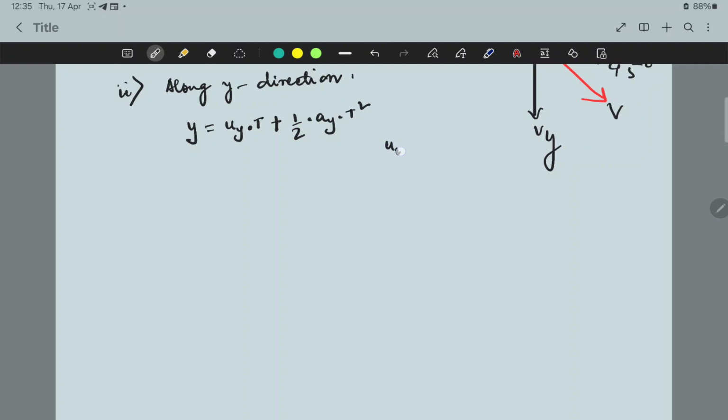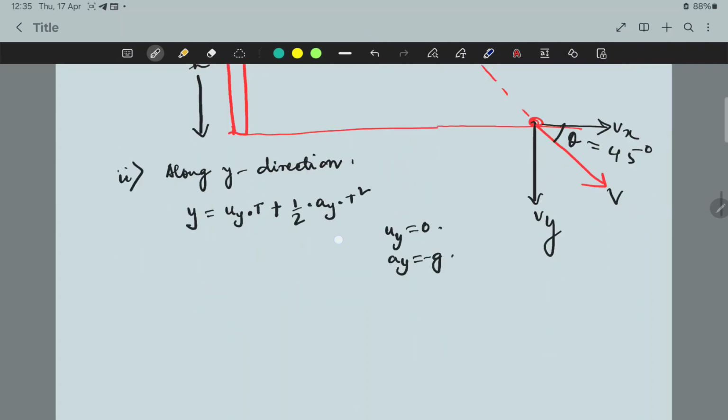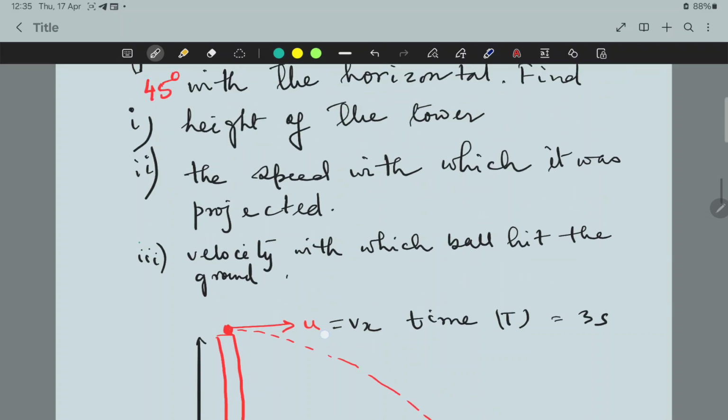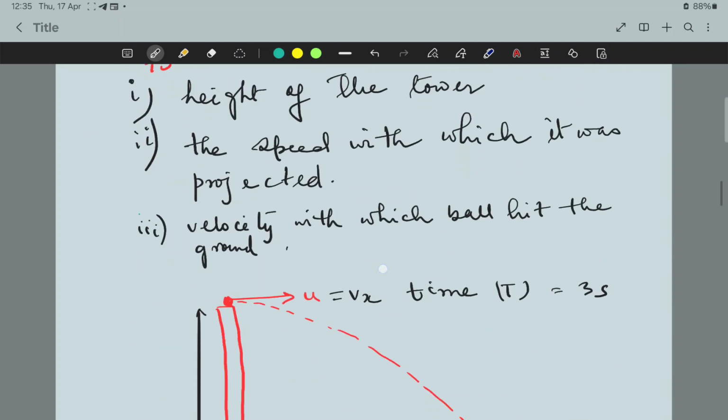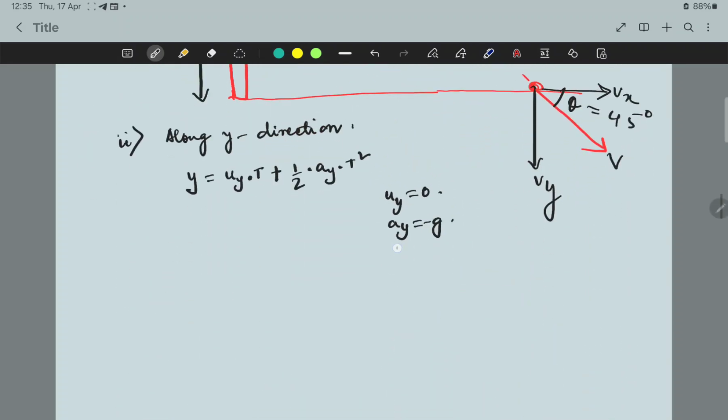Now uy is equal to 0, it is known to us. ay is minus g, so let's substitute, and t is given here, 3 seconds, and y is the height covered.